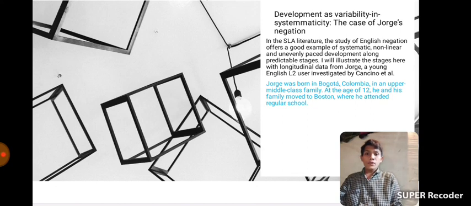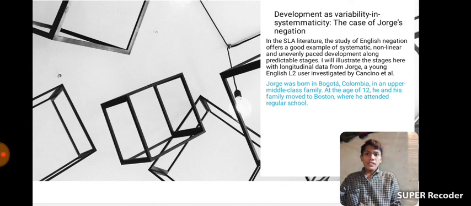Development as variability in systematicity: the case of George's negations. In the SLA literature, the study of English negation offers a good example of systematic, non-linear, and unruly paths developing along predictable stages.